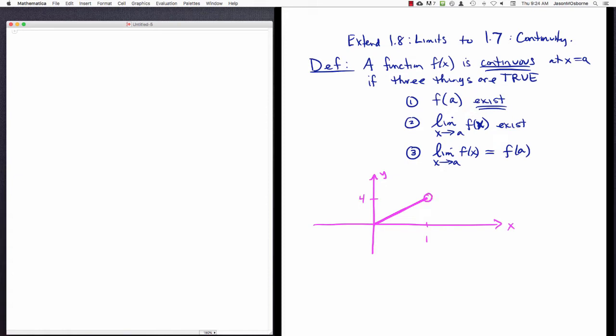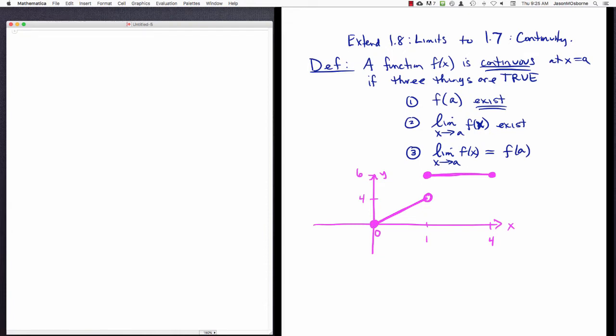And let's say there's an open circle there, and then the rest of the function picks up and goes like this. And there's a closed circle, and let's say that this little straight line segment is at 6. And then we'll close this function off at, say, 4. So here's 0. So here's the graph of a function. It's a straight line.